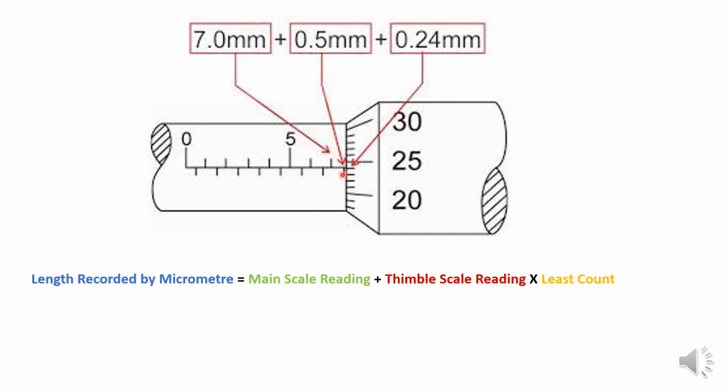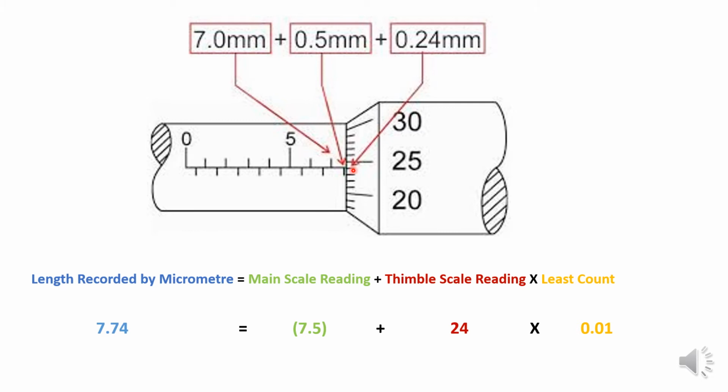So here we can see that the division is clearly seen. The main scale reading will be 5 mm, 6 mm, 7 mm and 7.5 mm. So the main scale reading is 7.5 mm. Now see which division of the circular scale is coinciding with the horizontal reference line.